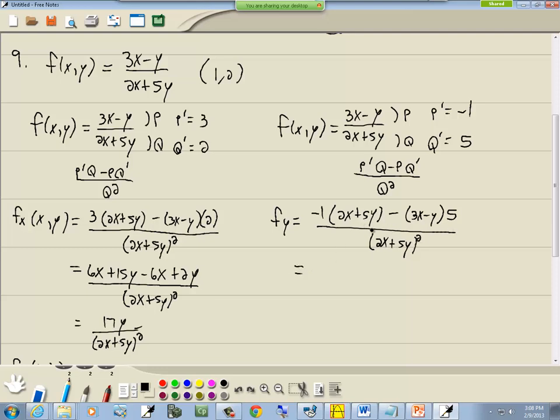Well, they don't have any GCF, so I'll go ahead and multiply everything through. Negative 1 times 2x gives us negative 2x. Negative 1 times 5y is negative 5y. This 5 goes in front, so we've got negative 5 times 3x gives us negative 15x. And negative 5 times negative y gives us a positive 5y, over 2x plus 5y squared.